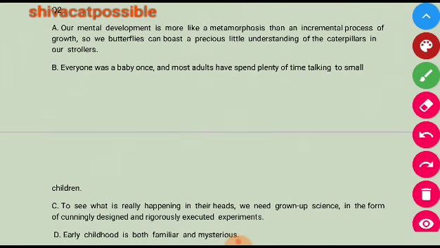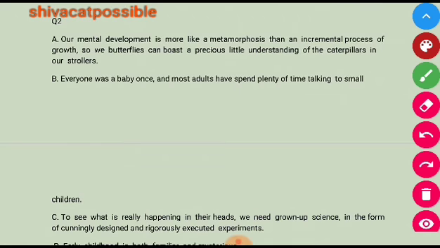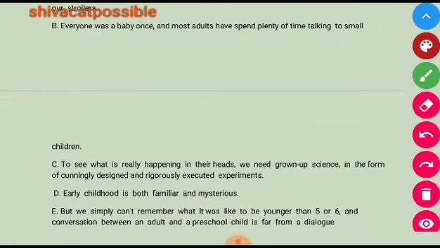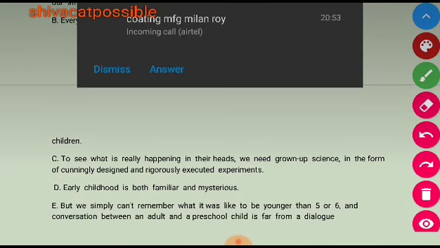Statement A: our mental development is more like metamorphosis than an incremental process of growth. So we butterflies can boast precious little understanding of the caterpillars in our strollers. Everyone was a baby once, and most adults have spent plenty of time. So it can also be an opening sentence to see what is really happening.